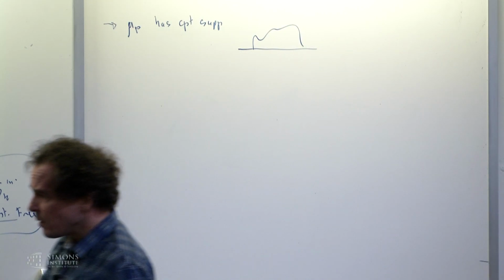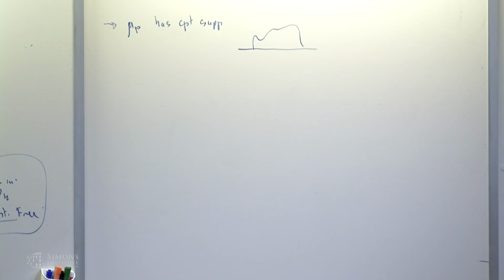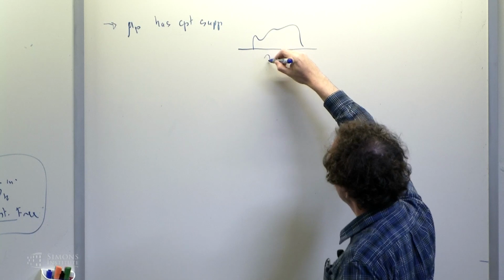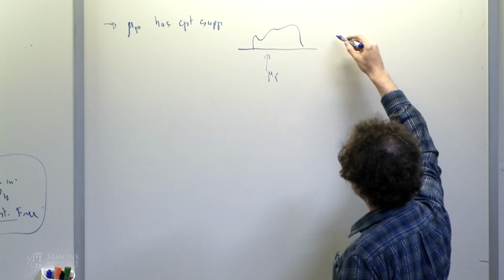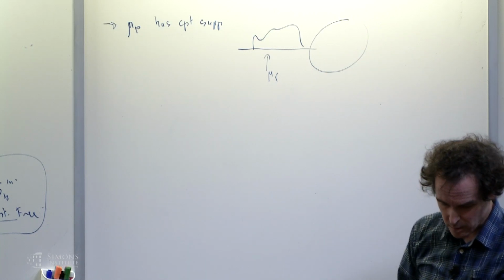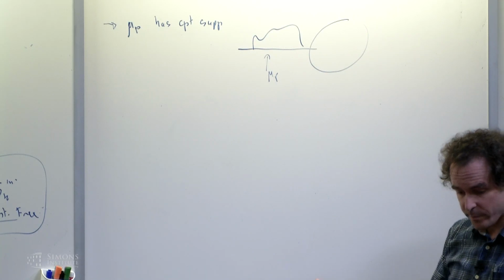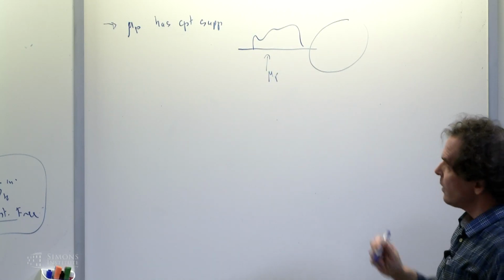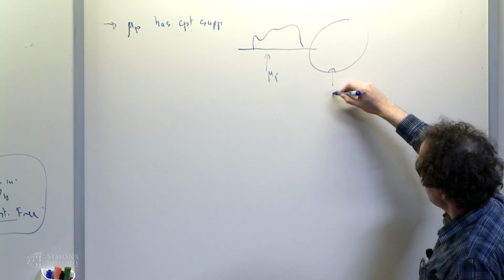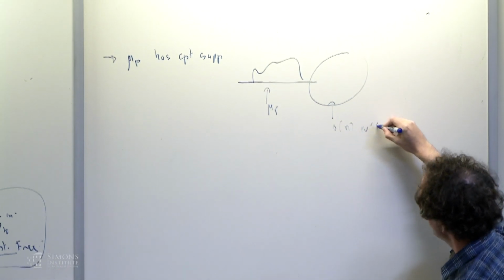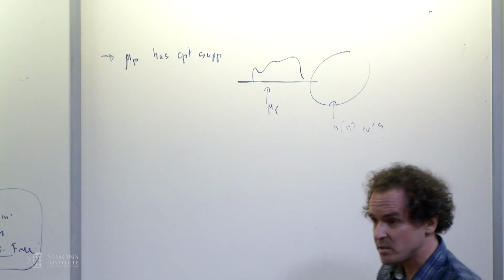This is my limiting distribution. What this result tells me is that if I look at a compact set which has no intersection with the support of the measure, then I have little o of n eigenvalues there. That's all that asymptotic freeness tells me.